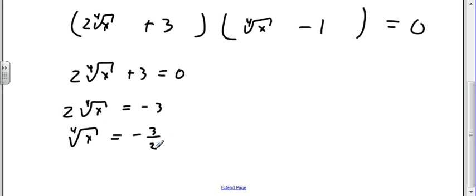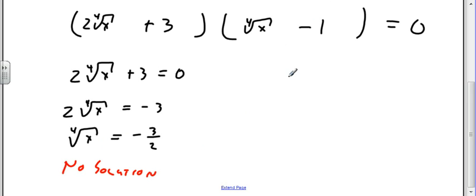Well, the 4th root of x can't equal a minus number. Okay, so there's no solution here. The square root of x can't be a negative number. The 3rd root of x could be a negative number. That'd be okay. But the 4th root of x can't be a negative number, so there's no solution there.